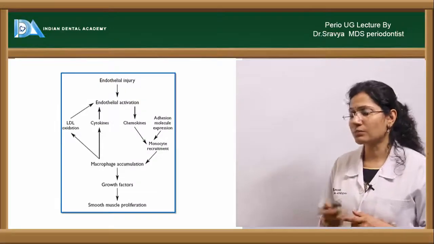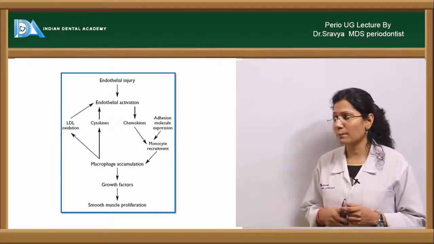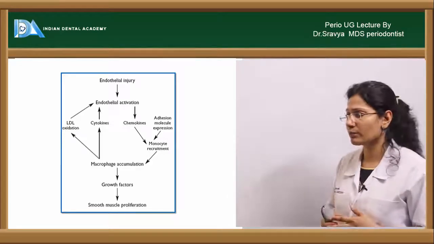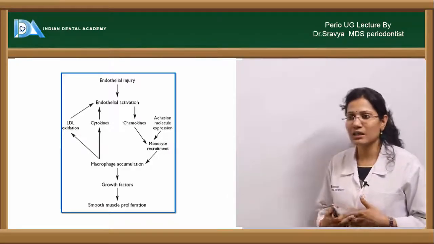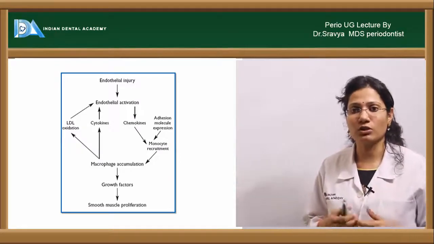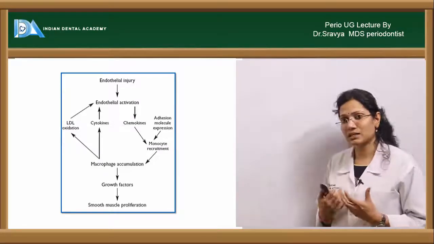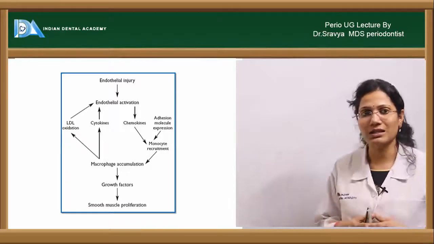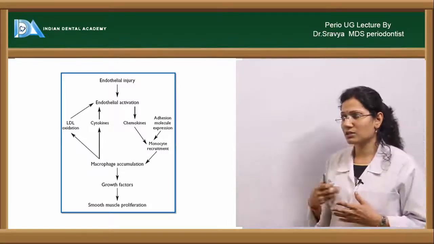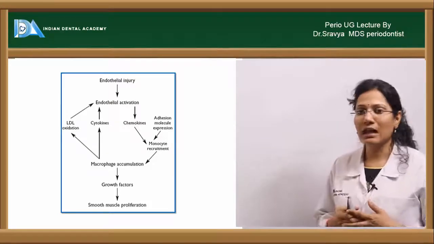Whenever there is an endothelial injury, what happens immediately? There is activation of the endothelial cells. Because of this, there is a lot of production of cytokines and chemokines. These chemokines, produced by the endothelial cells, attract the monocytes or macrophages. Once recruited, they start releasing lots of inflammatory mediators again, like cytokines.